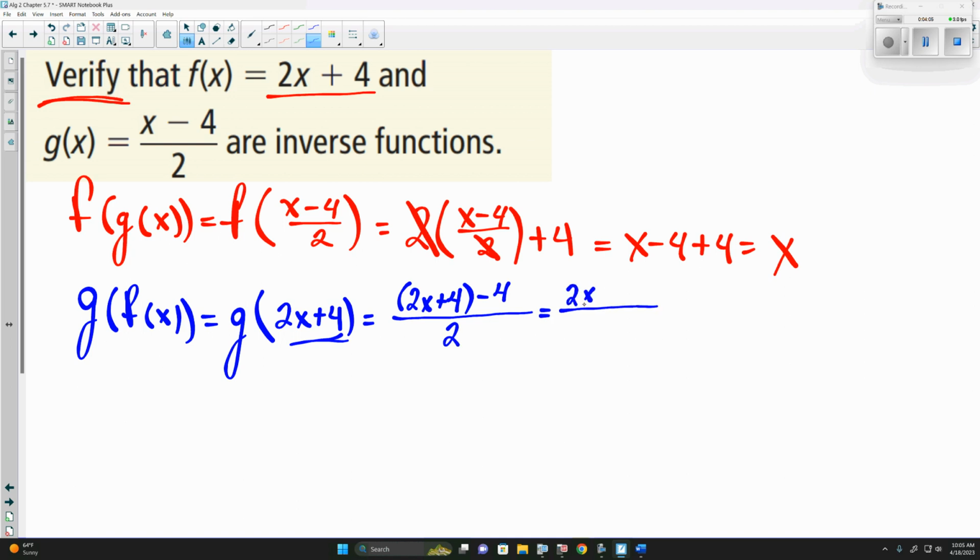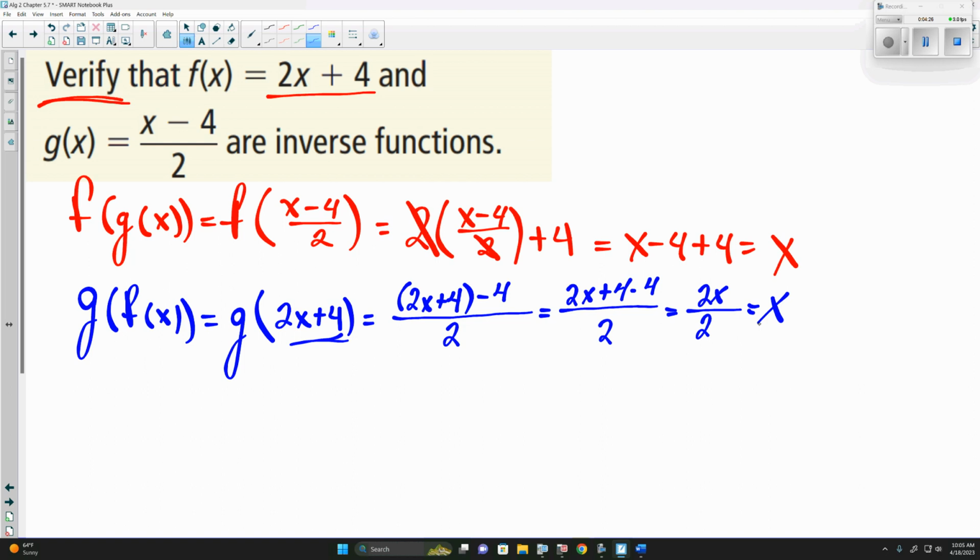Well, we can drop the parentheses, which just gives us 2x plus 4 minus 4 over 2, while our plus 4 and minus 4 will simplify out, leaving us with just 2x divided by 2, which is x.